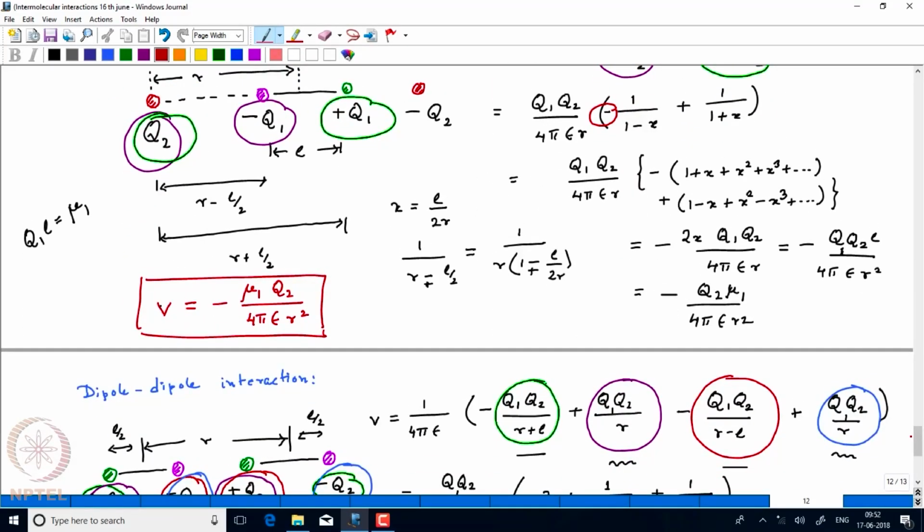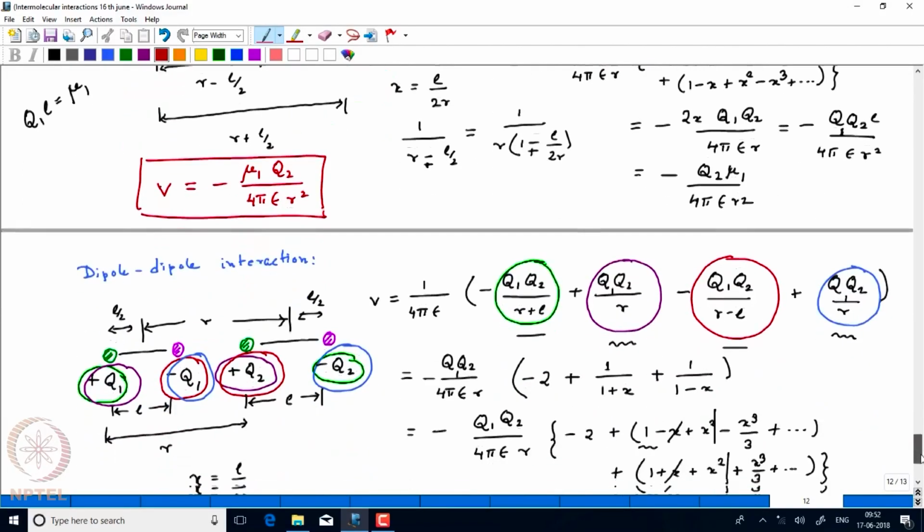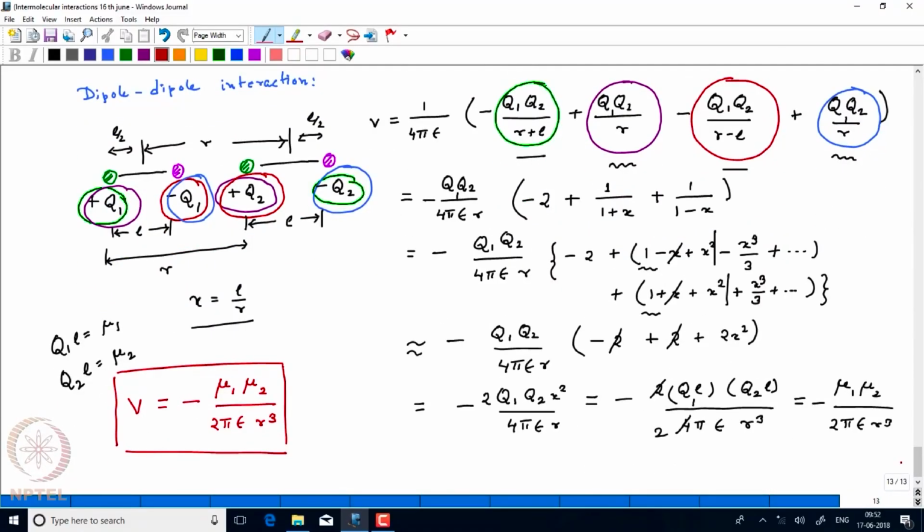And then if it is between a dipole and a charge, we see that it goes as 1 over r square. And if it is between two dipoles, it goes as 1 over r cube. So thus we see how the interactions will look if I increase the polarity of this multipole.